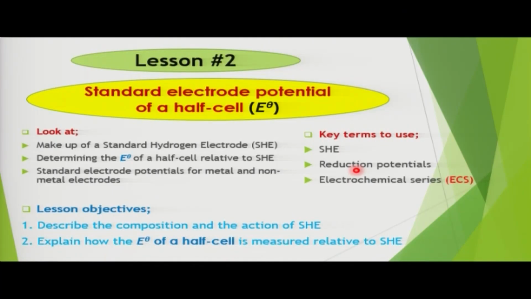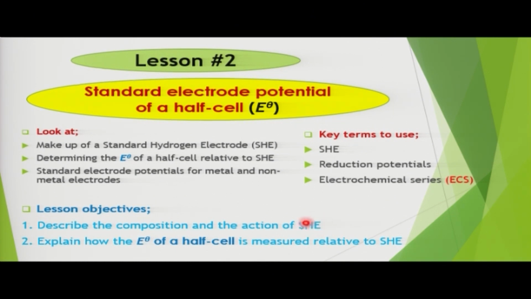So, lesson objectives. I have two lesson objectives which we are to achieve. One is to describe the composition and the action of the SHE. SHE is actually a recognized abbreviation for standard hydrogen electrode, according to IUPAC. IUPAC is the International Union of Pure and Applied Chemistry.